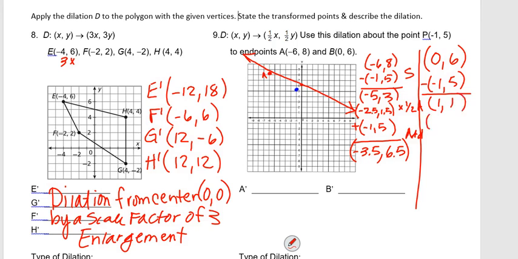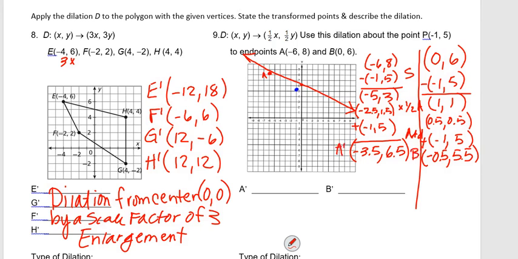That's going to give us 0.5 comma 0.5, which is 1/2, 1/2. And then we're going to add back to that our negative 1 and our 5. So that's going to give us negative 0.5 comma 5.5. So this was my new A prime, and this was my B prime.